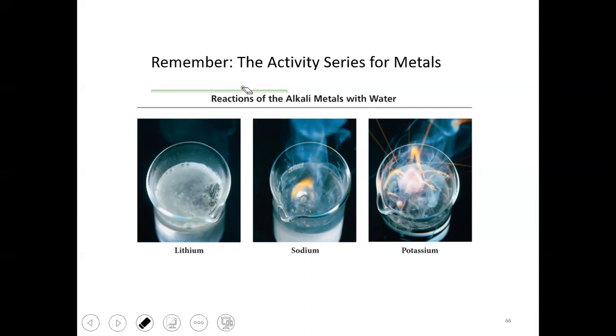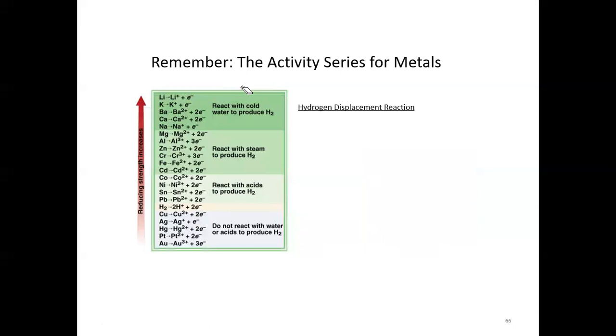Lithium gives you hydrogen gas. Sodium gives you a very active reaction. It combusts. Potassium will throw up flares like fireworks because it is so active. So we can see that trend, right, as we go down the periodic table. And we call that the metallic activity or the metallic character of atoms.